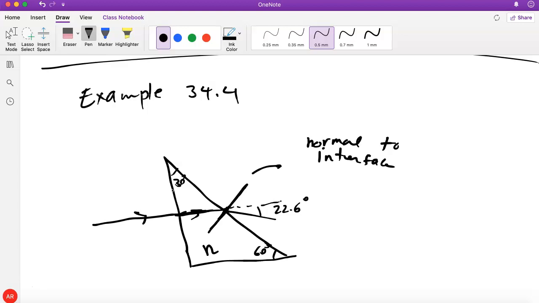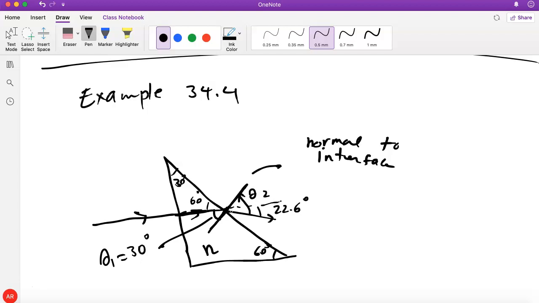Okay, so the angle on this side, let's call it theta 1. So what is that angle? Well, here I have 60 degrees, and this is 90 degrees if I draw a normal to the interface, so that must be 30 degrees. What about the angle on this side between the ray and the normal?